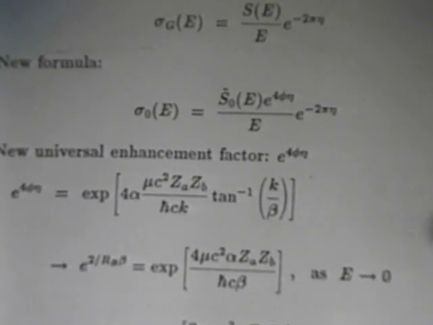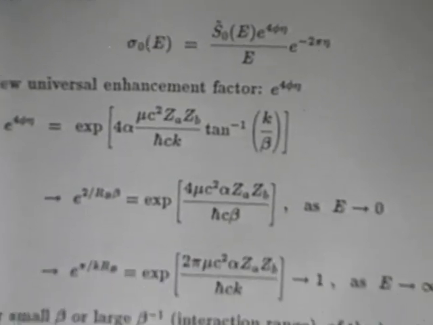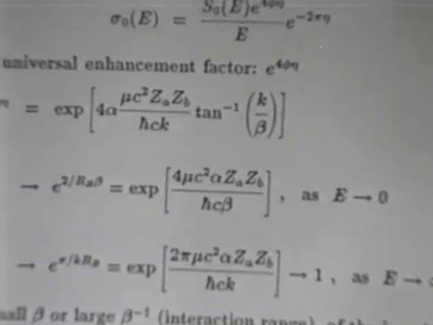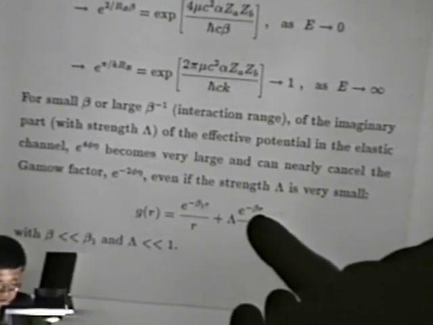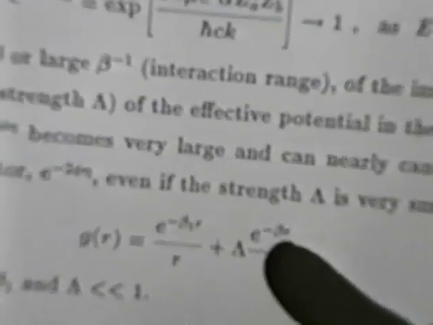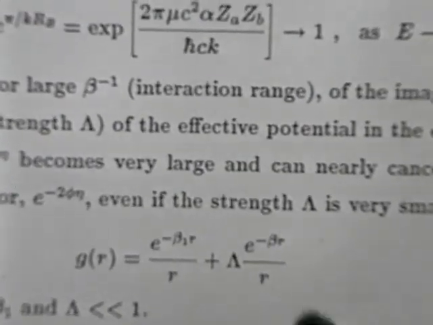In particular, if beta is very small, beta small means a longer range. Then, even if the strength is weak, if beta happens to be longer range, you can cancel the gamma factor almost nearly or completely. But of course, we don't know that.